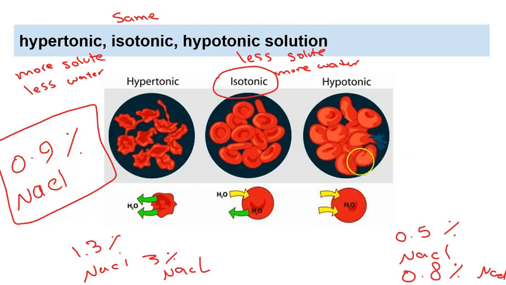Okay, so if you place your cells inside of any hypotonic solution, as I mentioned, less than 0.9%, then you can see your cell is receiving the water, or the water is actually moving inside of the cell, because the outside hypotonic solution has more water than solute.